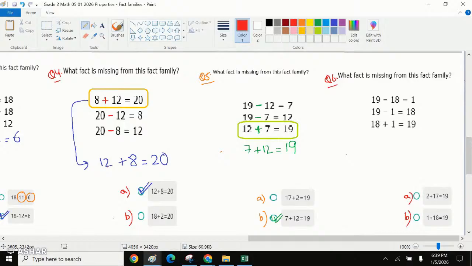Thank you. Yes, the answer is correct. For the previous question, 7 plus 12 would be equal to 19. For question number 6, can you help me out? The first thing we need to do is see, since a fact family can only have two positives and two negatives, how many negatives are there.